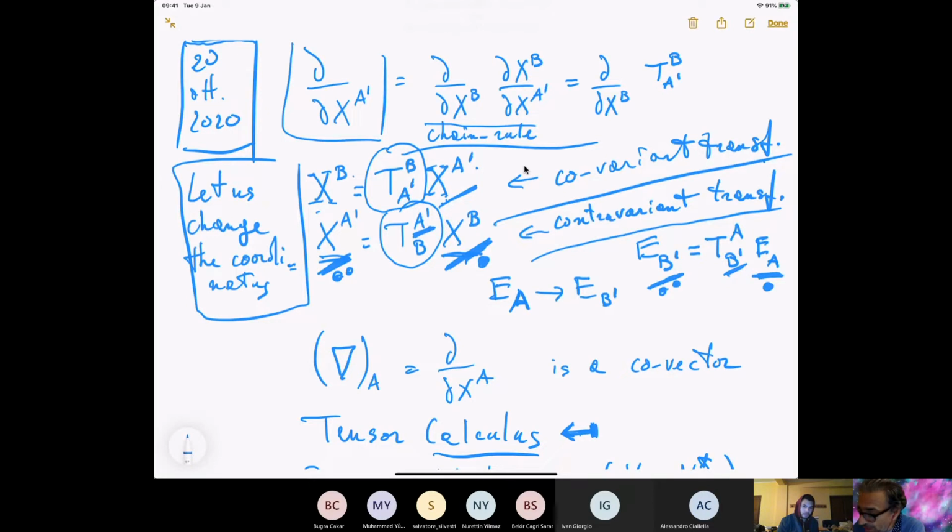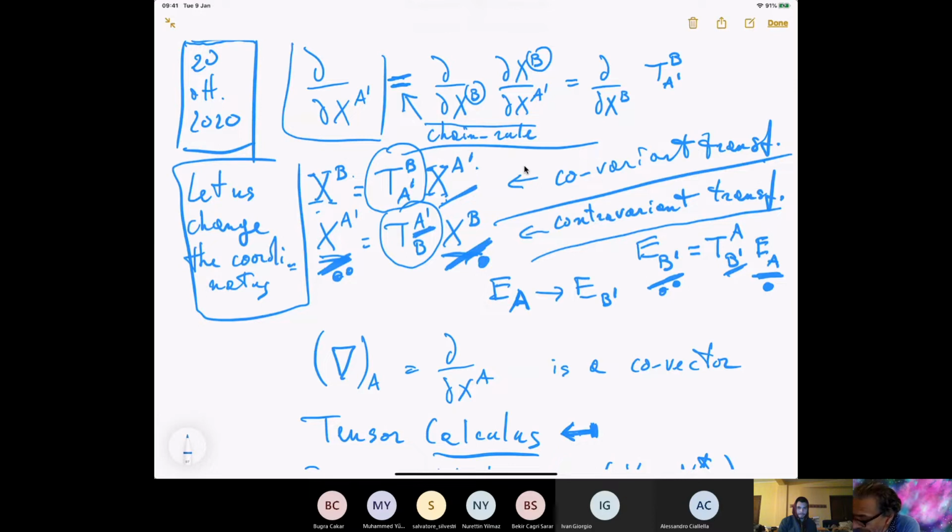So the derivative with respect to the new variable a prime, you can calculate summing up over the index b of the old system of coordinates, and each of the old coordinates you derive with respect to a prime. So this equality is related to the chain rule. Okay.